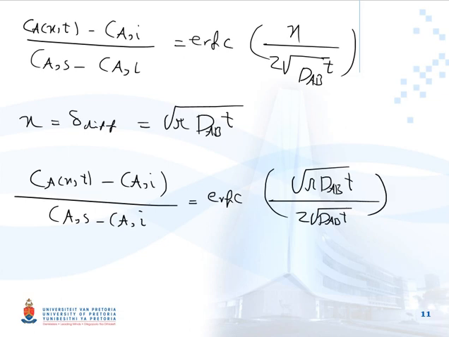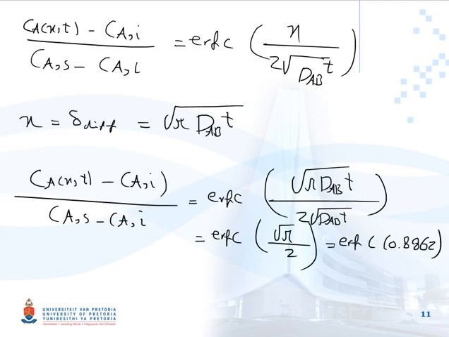So basically it is the error function of radical pi divided by 2, which is the error function of 0.8 (0.862). We go to table 4.4, and after that we can read this error function, which is equal to 0.2101.